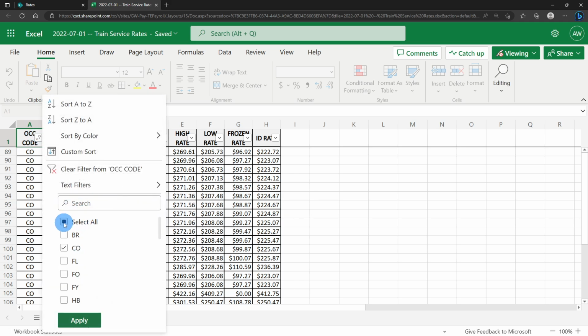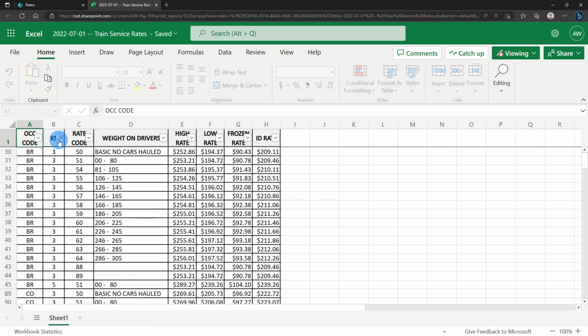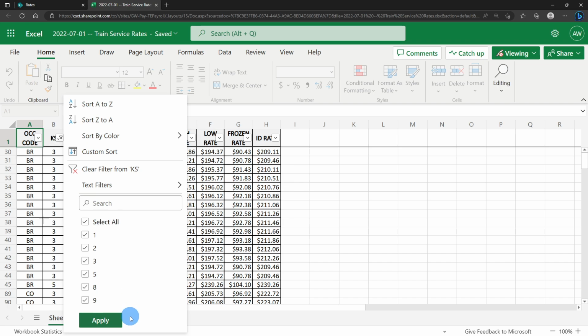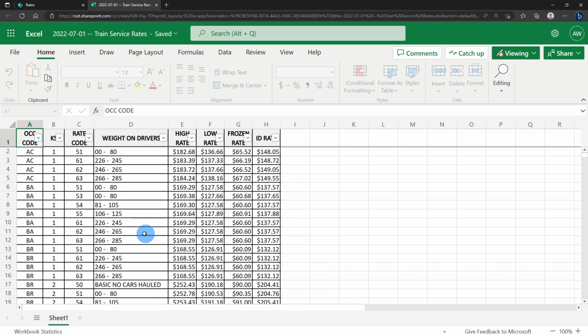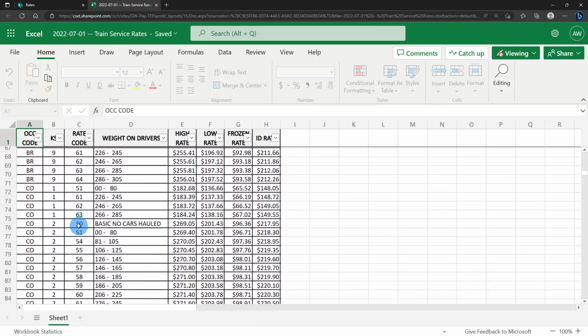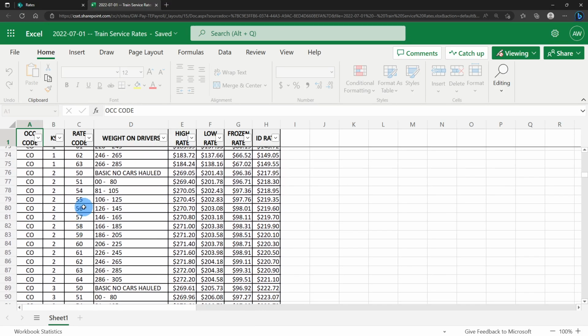For some reason they left the filters turned on when they saved this file last, so boom. Now let's go down to conductor, freight service, no cars handled, the high rate, and the number of cars here, 0 to 80.